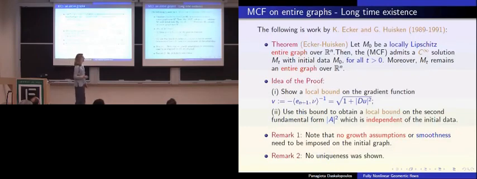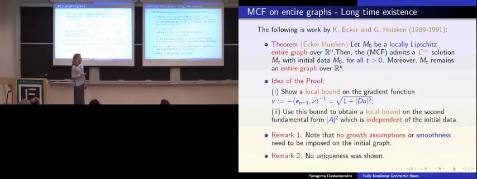So it's an old theorem. There are two works by Ecker and Huisken in this setting. One involves mostly local estimates, and the other involves global estimates. But what follows from these works is the following.